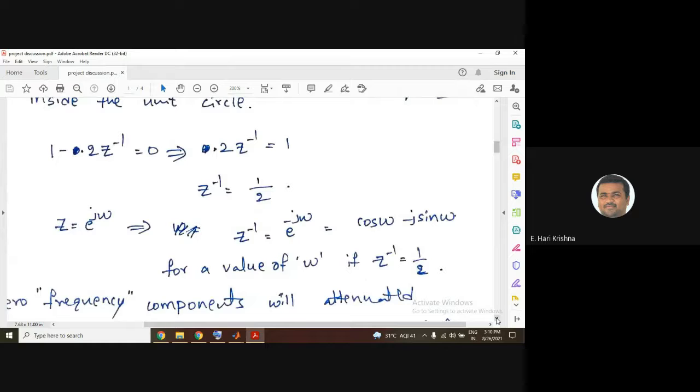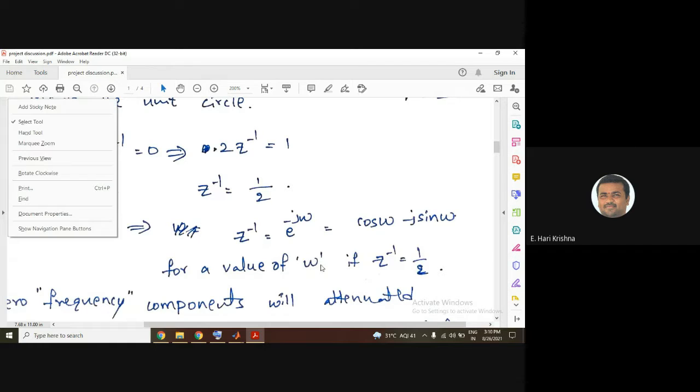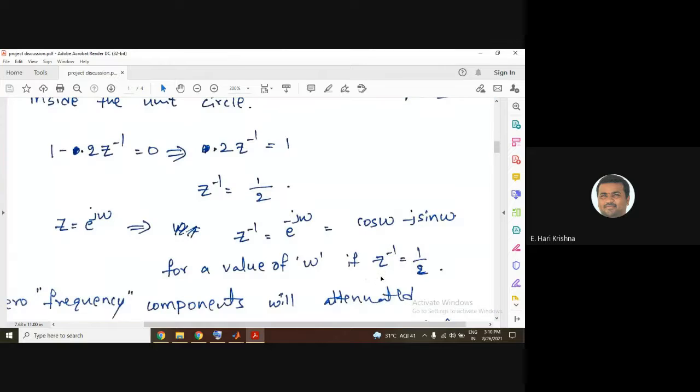What I want to mention here is that you may get z inverse is equal to 1 by 2 for some value of omega. Say, for example, pi by 2. I am not considering exactly pi by 2, but say for omega equal to pi by 2, you may get z inverse equal to 1 by 2.